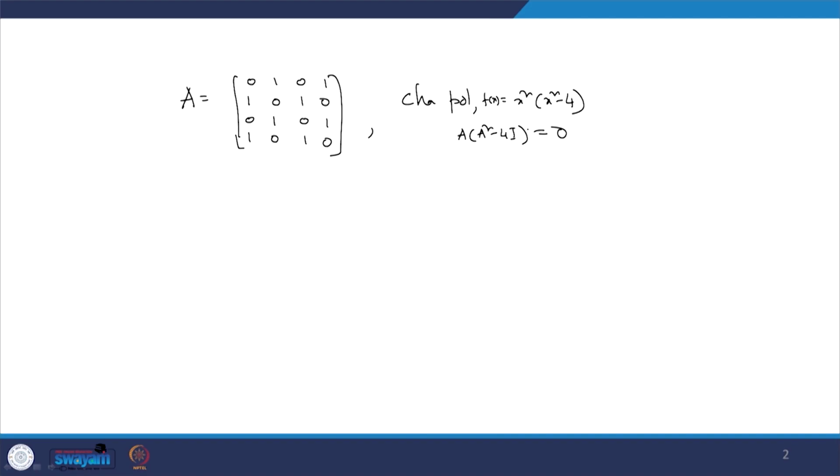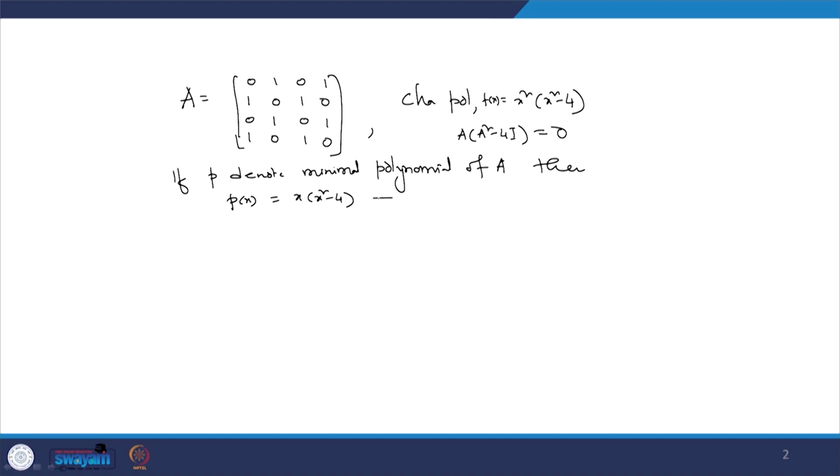Then I told that if P denotes the minimal polynomial of A, then P(x) is equal to x into (x squared minus 4).